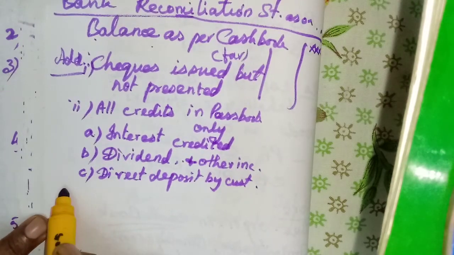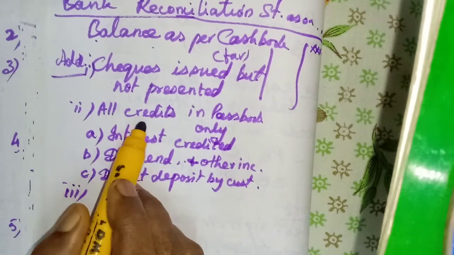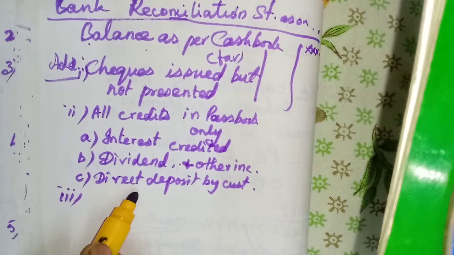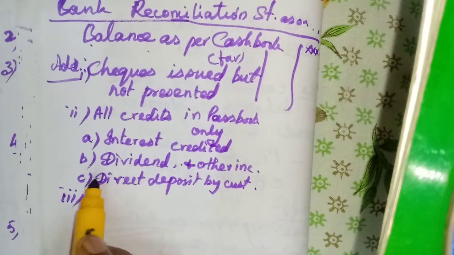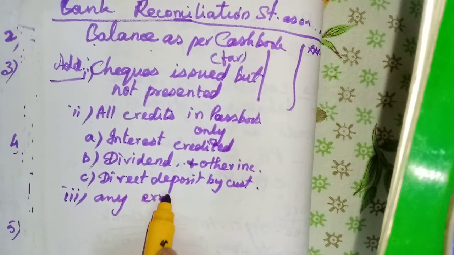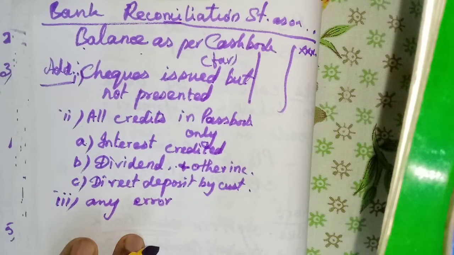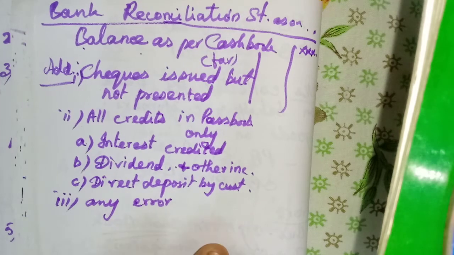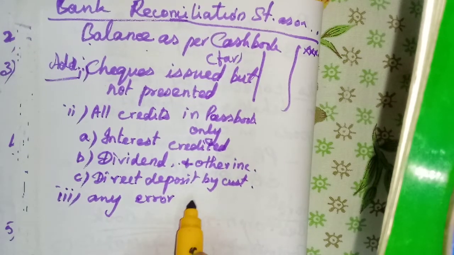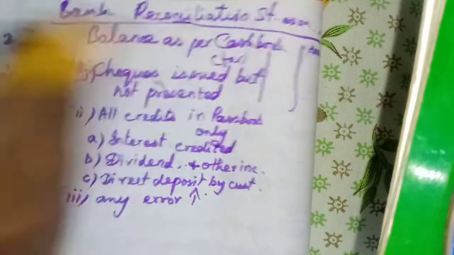Then the third one, these two come from the time differences. Then the error. Here we need to check any error, either in the cash book or in the bank passbook, that increases the balance as per the bank statement.